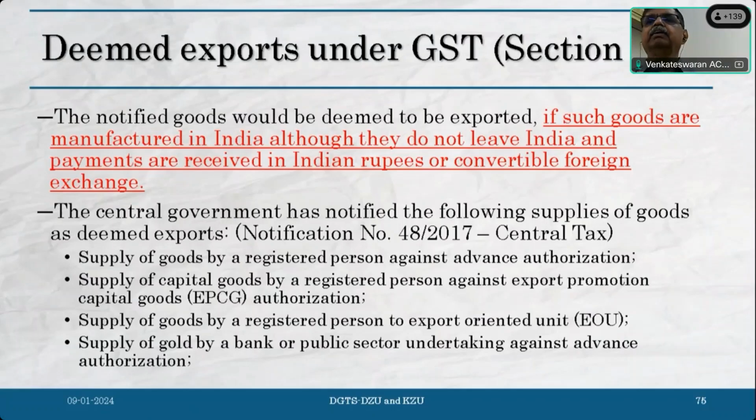These are the supplies to a registered person, advance authorization, capital goods, EPCG scheme, and also export oriented units. You can supply and get the benefit, provided it is goods manufactured in India and you receive the proceeds in foreign exchange.